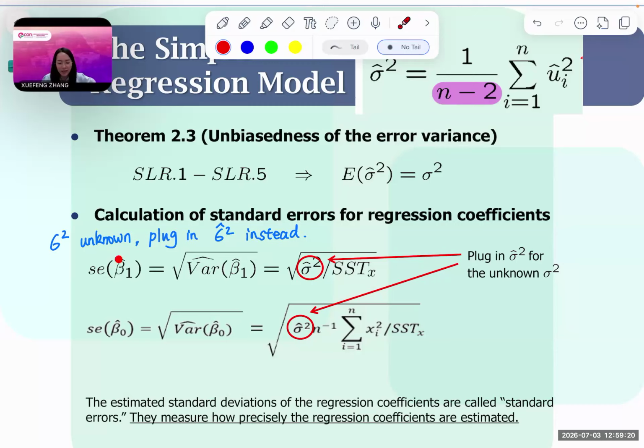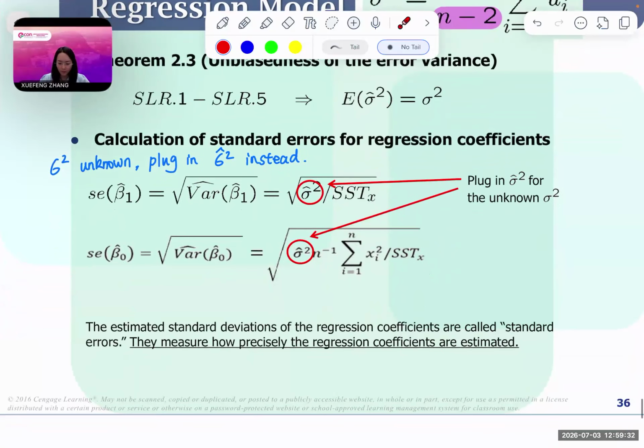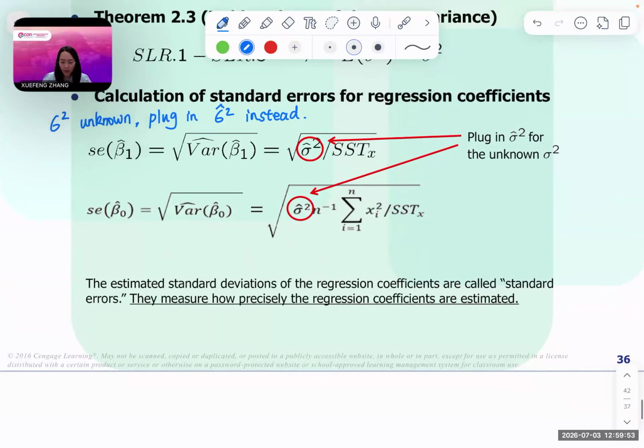And if we want to get the standard error, we just take the square root of the variance, okay? The estimated standard deviations of the regression coefficients are called standard errors. They measure how precisely the regression coefficients are estimated. What is standard error? Let me help you.